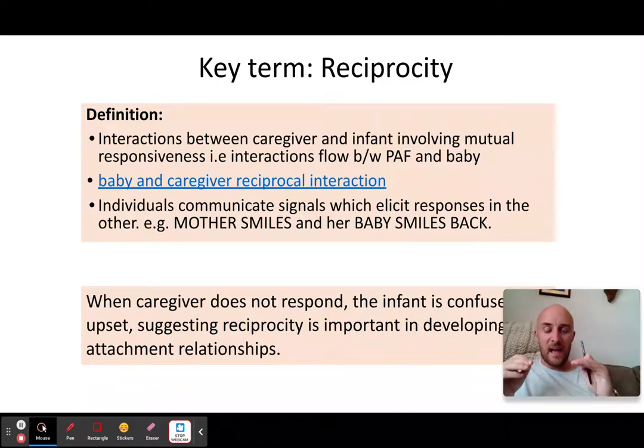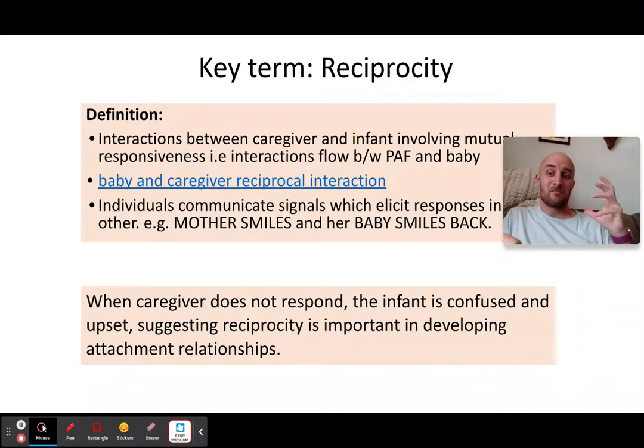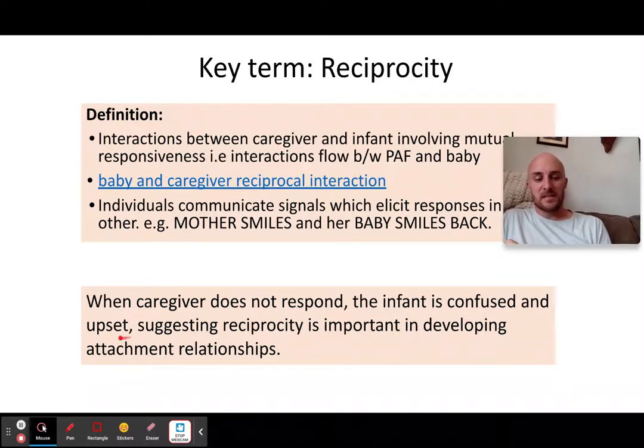And note this about reciprocity: it can be seen very, very early on after the child is born. The example here is when reciprocity isn't given, what happens to the infant when the caregiver does not respond. So if a baby goes, and the mother just kind of looks at the baby and doesn't reciprocate, the infant is confused and upset, suggesting that reciprocity is actually quite important in developing attachment relationships.